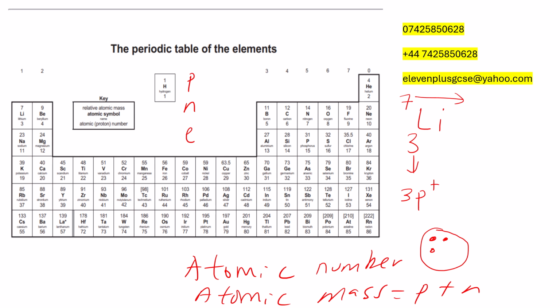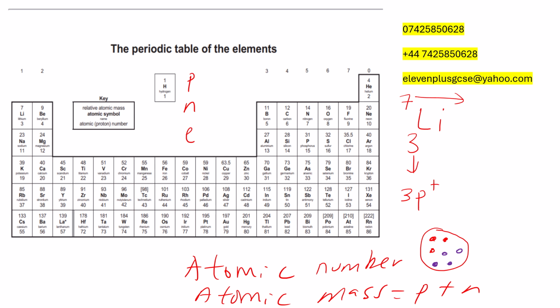So this 7 will be 3 protons and also neutrons. If I use a different color for neutrons, that's going to be 4. So it's going to be 3 protons and 4 neutrons to make 7. 1, 2, 3 plus 1, 2, 3, 4. So the atomic mass is made out of protons and neutrons and is the number at the top. The atomic number is made out of protons only and is the number at the bottom. And this number at the bottom is also equal to the number of electrons as well. So that's what I want you to understand.